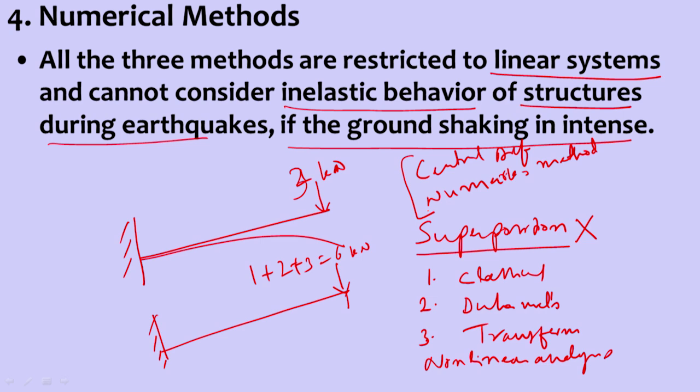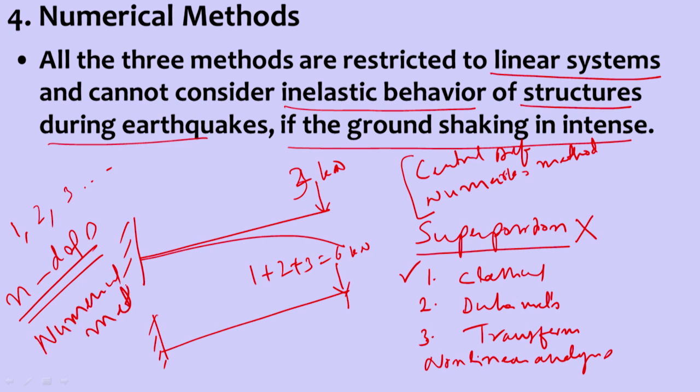Another advantage of the numerical method is this: we can use the classical method when we are idealizing the structure as a single degree of freedom system, 2 degree of freedom system, 3 degree of freedom system, like that. If the number of degrees of freedom increases enormously, it is difficult to handle using the methods described, so we need to rely on numerical methods. That is the advantage of numerical methods.